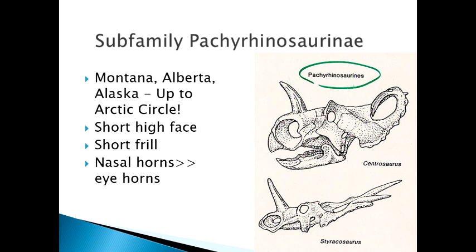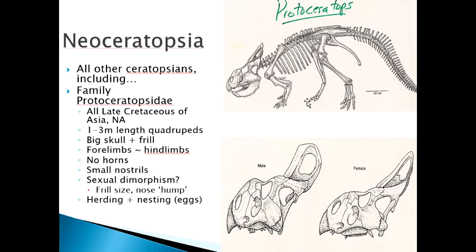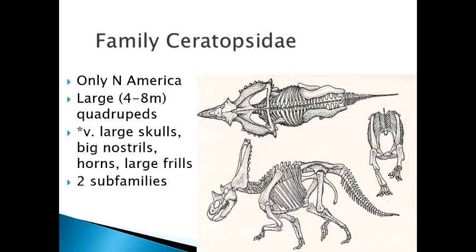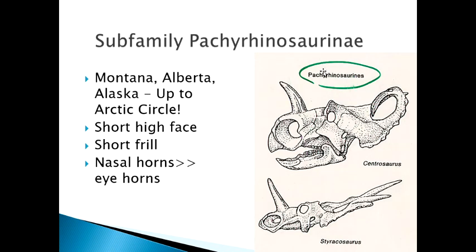So remember, Protoceratopsidae, let's go back here. Protoceratopsidae, like Protoceratops, did not have horns. It had a frill, but it doesn't have horns. Ceratopsidae has horns, but it has two different subfamilies, and the first of these, this Pachyrhinosaurinae, is defined by having a nasal horn, a horn over the nose, that is much larger than the horns over the eyes.